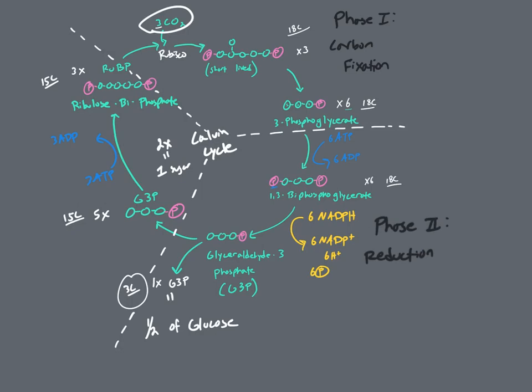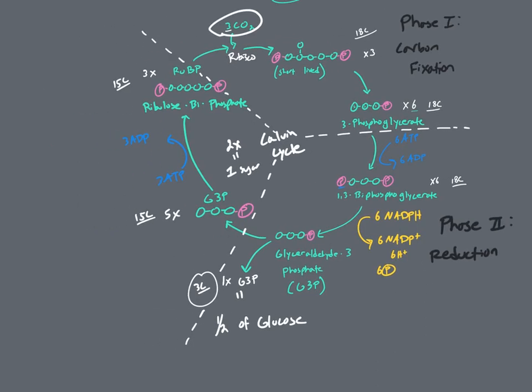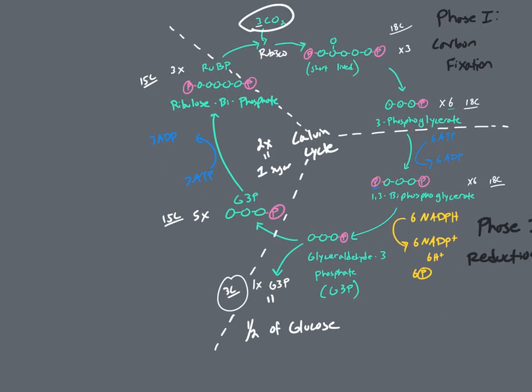So that's phase 2. That leaves us with one last stage, phase 3, which is called regeneration. And in this phase, the RuBP is being regenerated so that the cycle can continue again.